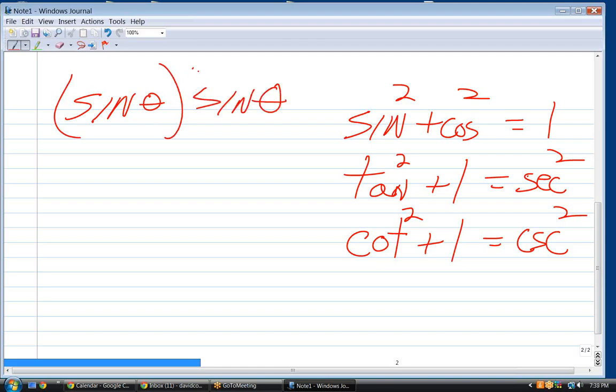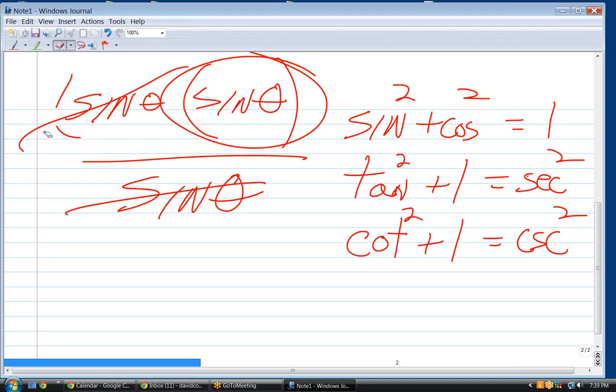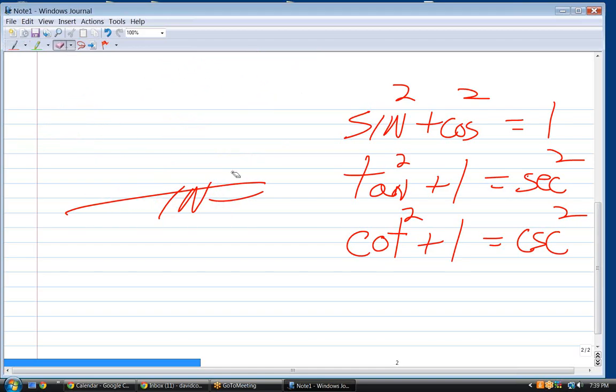That's what sine squared theta means. Sine theta times sine theta. So you're left with that. Alright. Sine cubed theta over sine would reduce to sine squared theta. So it behaves just like polynomials.